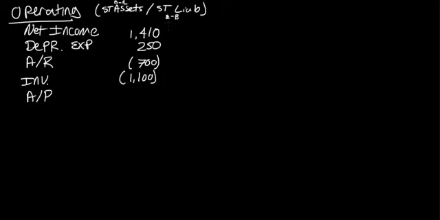And again, I'm looking now at ending minus beginning. So 3,500 minus 1,000 is a 2,500 positive number. Accrued expenses, that's a 1,700 minus a 1,400. That's a 300. Yeah, I think my math is right.